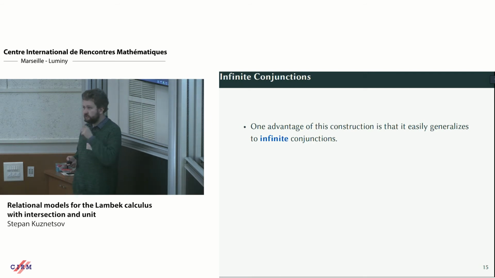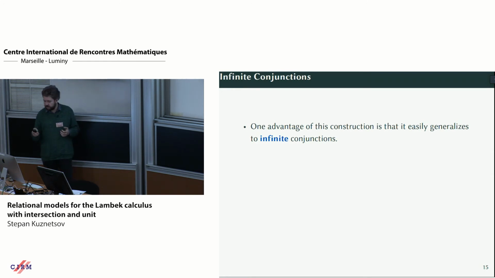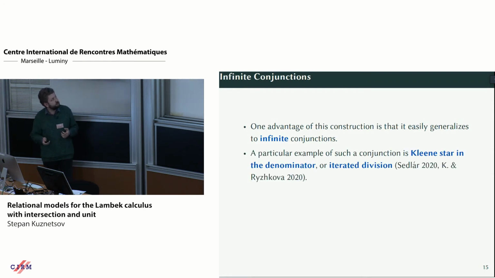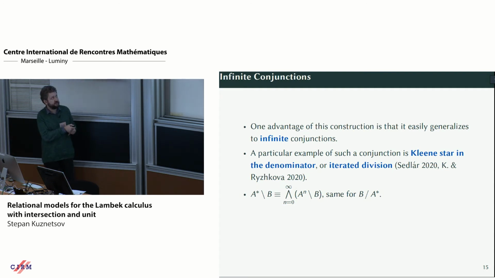I didn't want to develop a formal infinite language in which you have infinite conjunctions of arbitrary countable sets of formulae. I opted just for one catchy example, which is the Kleene star as a denominator, what Igor Sedlár called iterated divisions. If you have the Kleene star, A star, it's the infinite union: 1 or A square or A cube, etc. But if you put it into the denominator, it becomes equivalent to an infinite meet, an infinite conjunction.